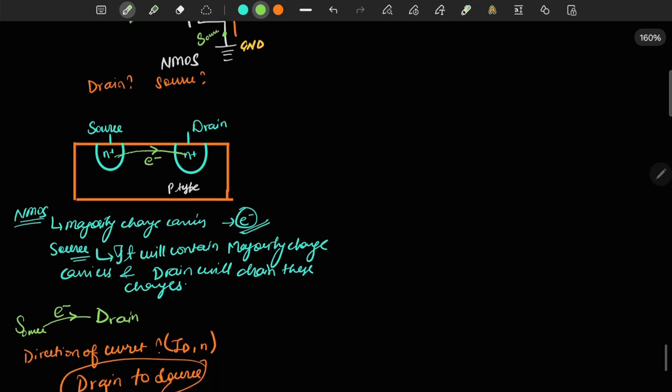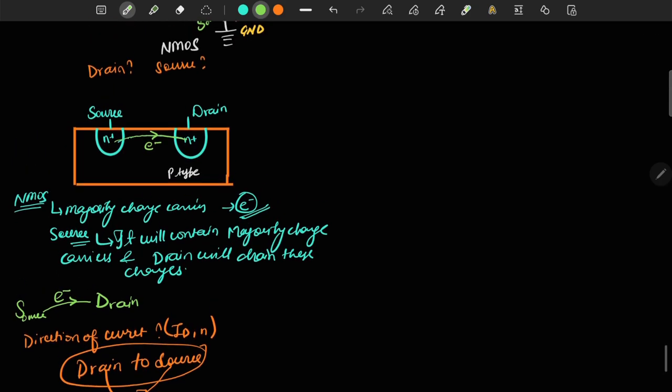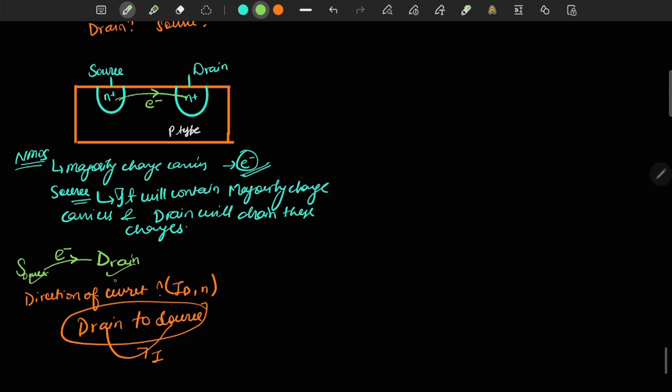I hope you got my point. Simply, we go to the structure of this NMOS and see what is actually happening. The source is providing the electrons and the drain is draining them. So electron direction is from source to drain, and current direction is drain to source.